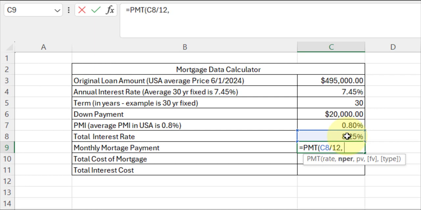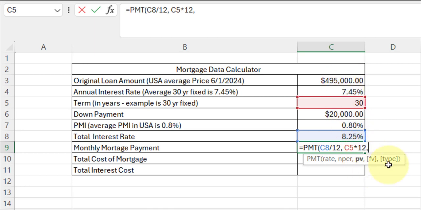Then next, what we want to have is the term. The term, in this case, is 30 years, which is up here. So we put that times 12, which is 12 payments per year. And next, we have to do the total. It's not going to be this, because we put 20,000 down.